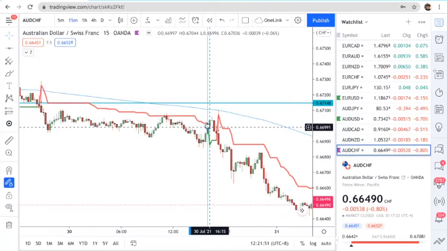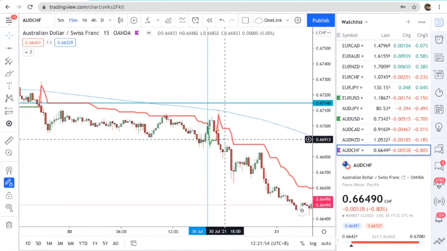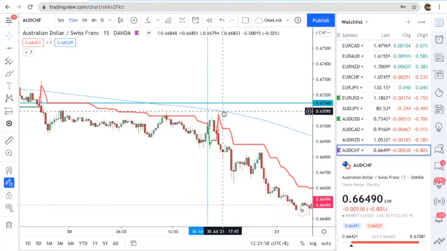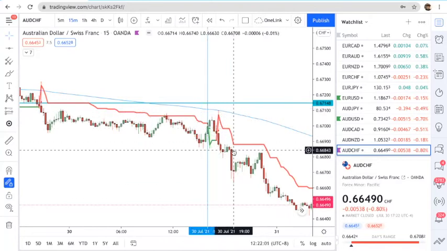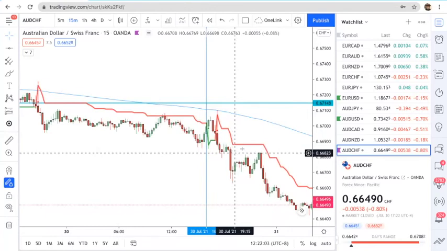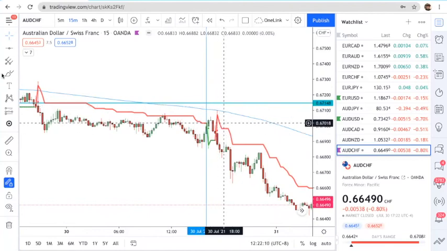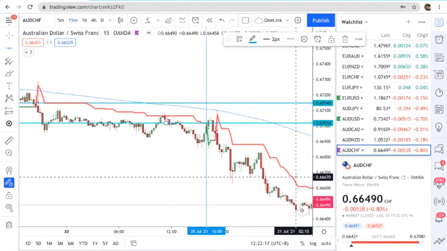It's still on sell here basically, and below the EMA. Okay, got it? So now where's your sell position? Your sell position is here. This is based on your 15 minute.